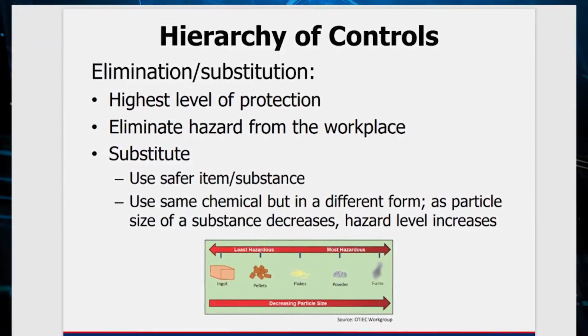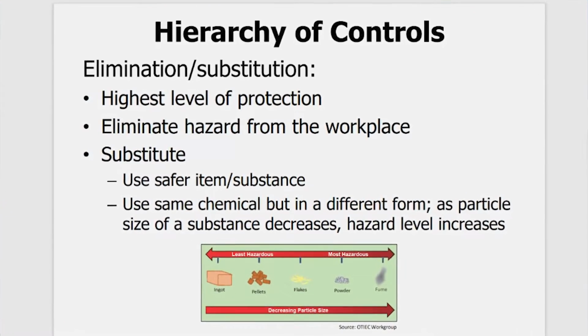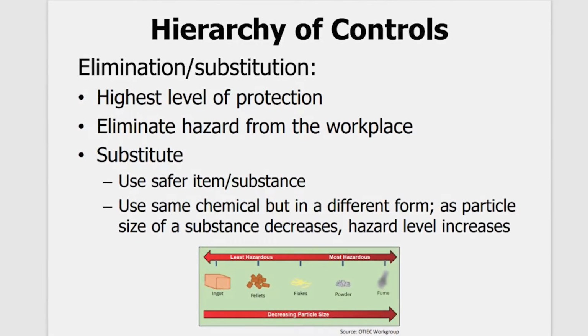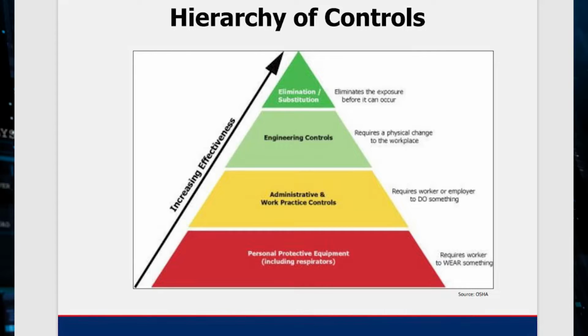As particle size of a substance decreases, the hazard level increases. An ingot, as seen in the diagram, is larger but safer than pellets, flakes, powder, and fumes, which are way more hazardous because of the smaller size of active particles.